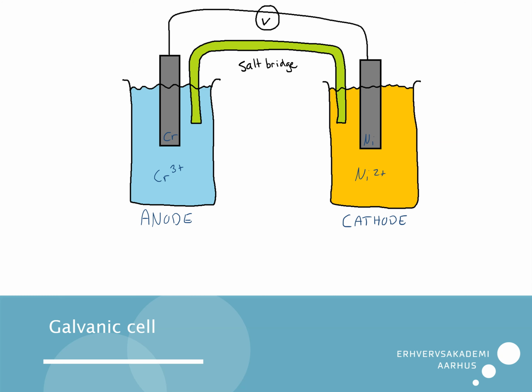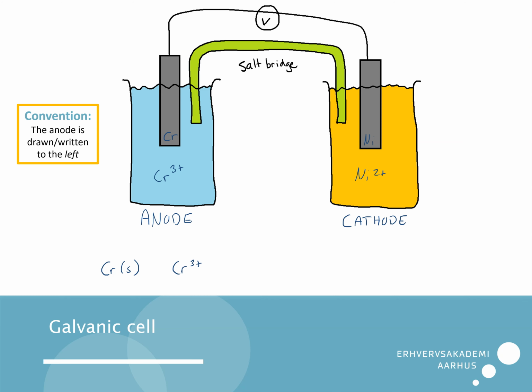To avoid drawing the whole setup every time, we can instead draw a so-called cell diagram. We start by writing the anode. So we have chromium solid and we have chromium ions. A vertical line represents the barrier between the solid and aqueous phases. The salt bridge between the cells is represented by two vertical lines.